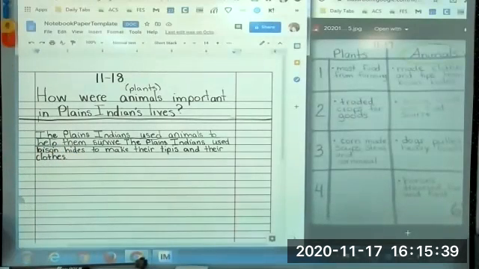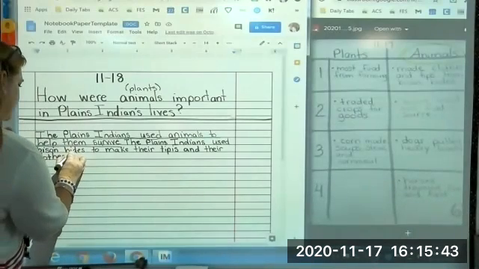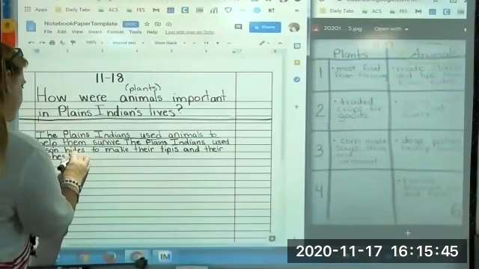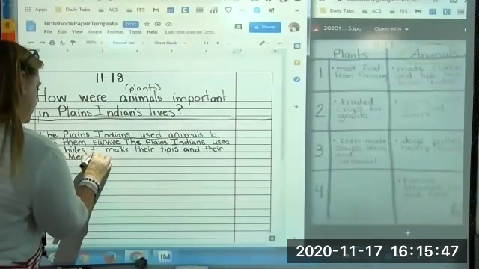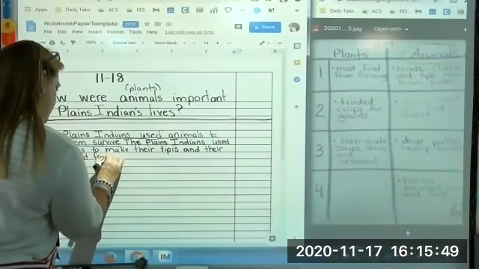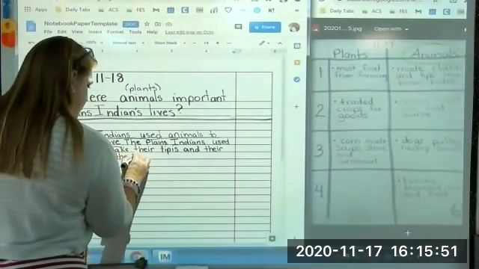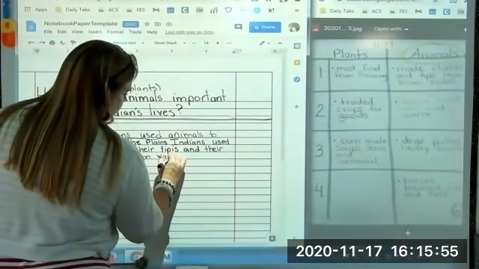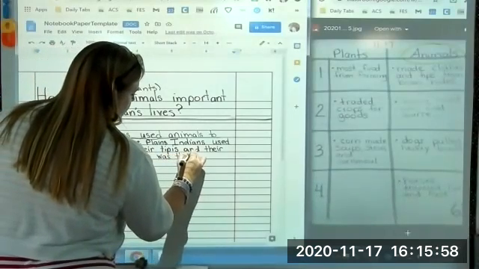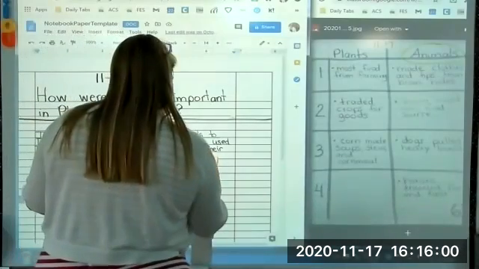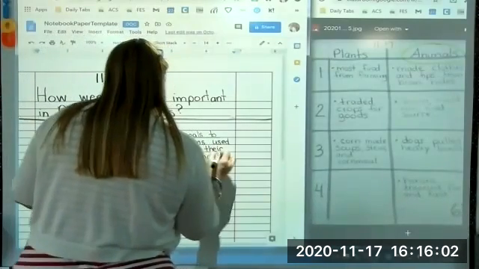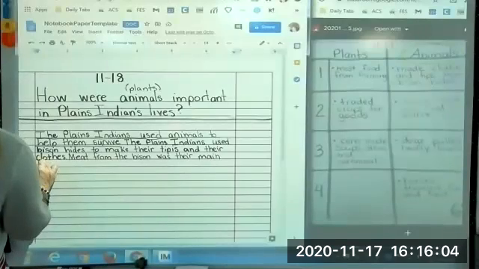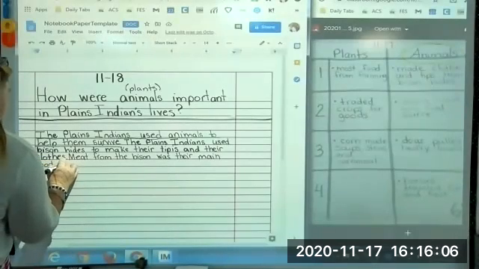Okay, but I'm not done. Remember, I still need to talk about the meat. Meat from the bison was their main food source.